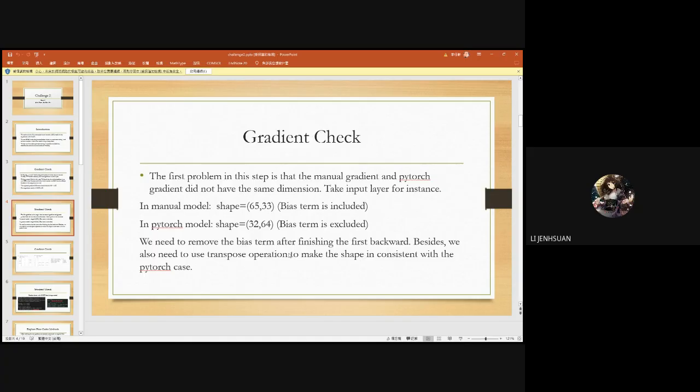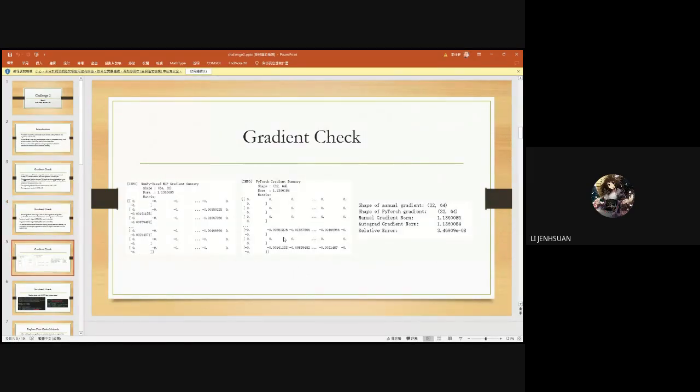So we need to deal with some details here, which cost me a lot of time. Besides, we also need to transpose the manual model after we finish the first backward calculation. After finishing these several steps, we can really make sure whether our gradient calculation is correct or not.